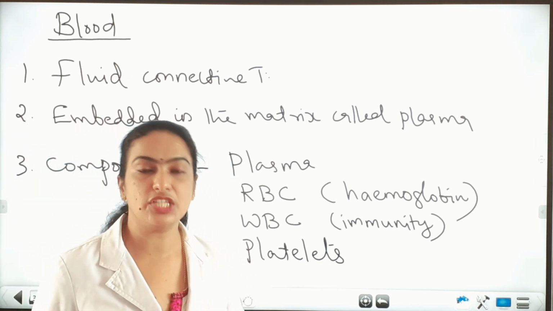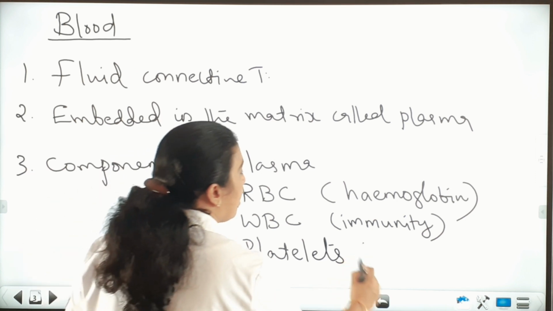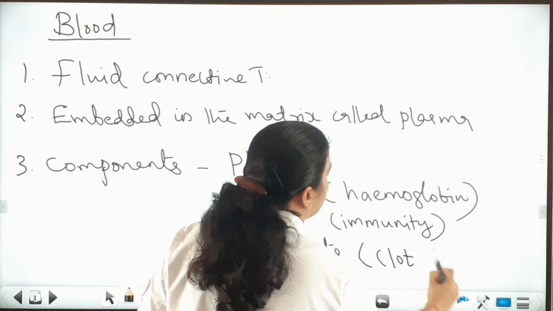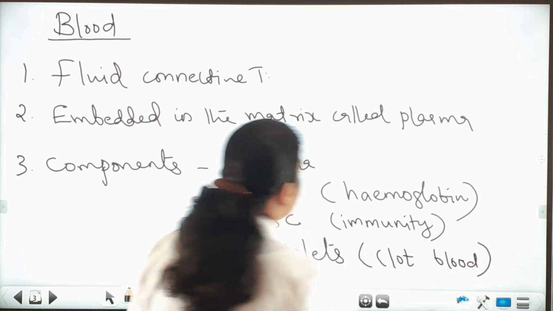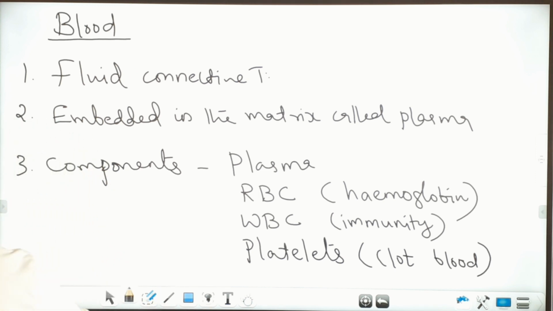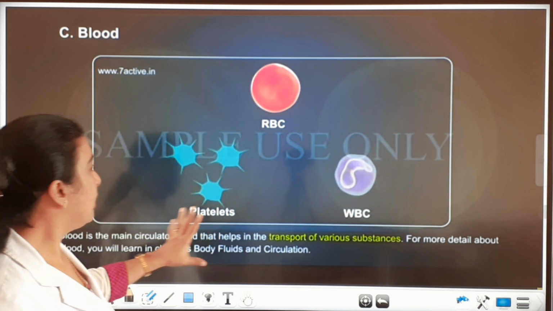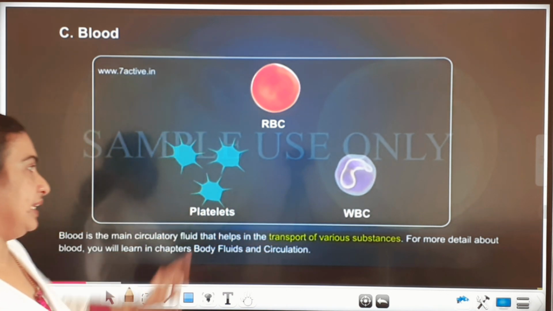If there is any injury, bleeding must be there. So platelets help to clot blood. So these are the major components of blood. I will show you the blood components: RBC, WBC and platelets.